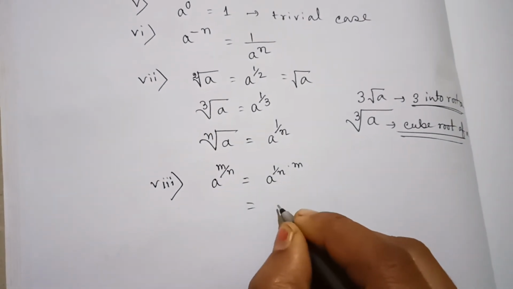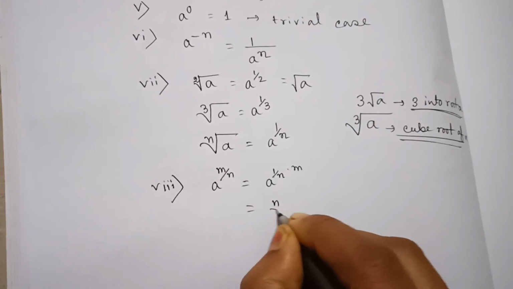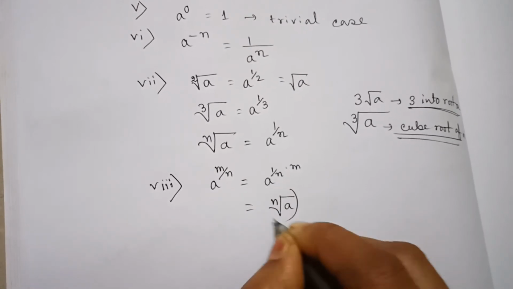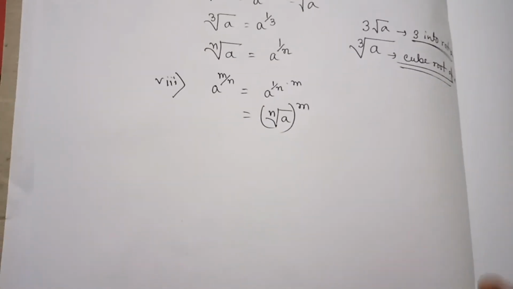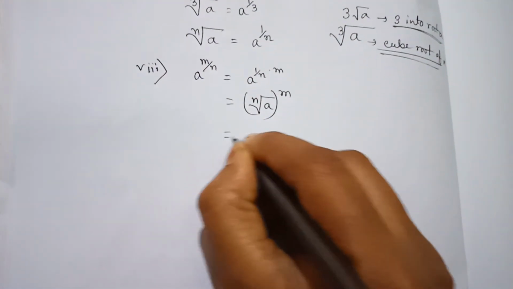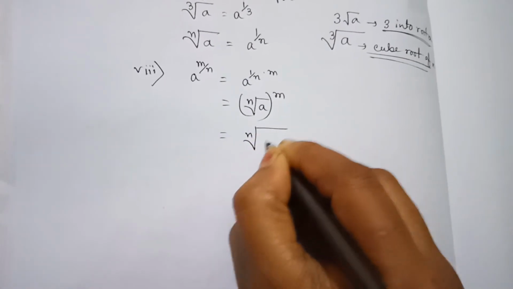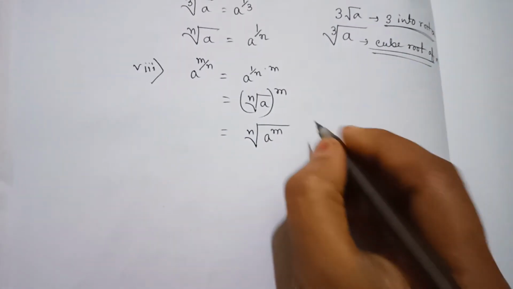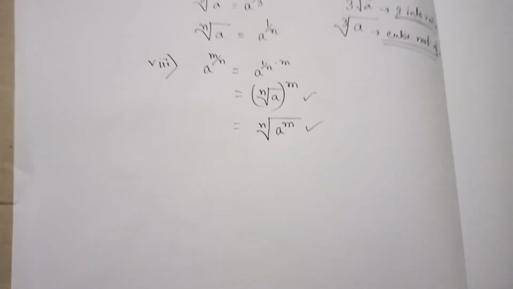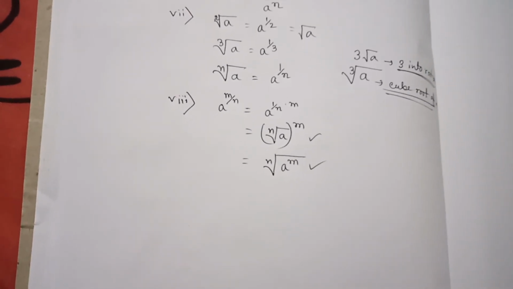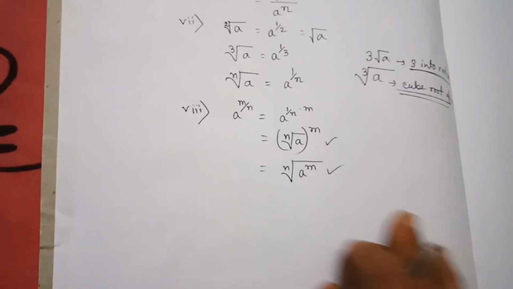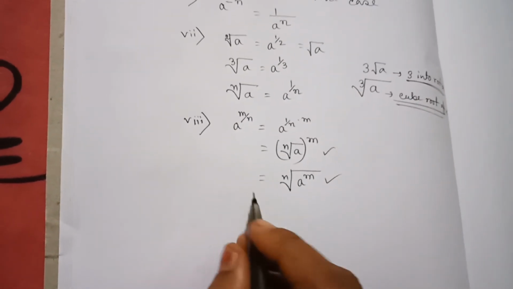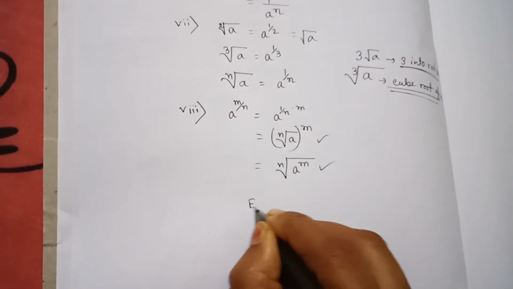So we can write it as nth root of a to the power m, or as nth root of a, whole to the power m. Both can be written. Clear?